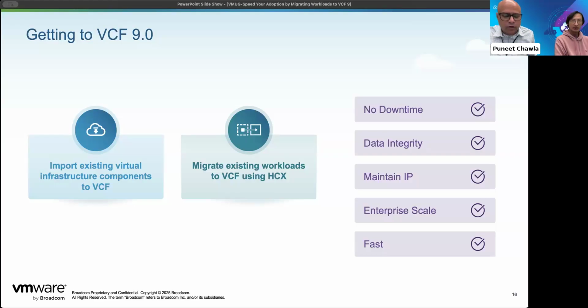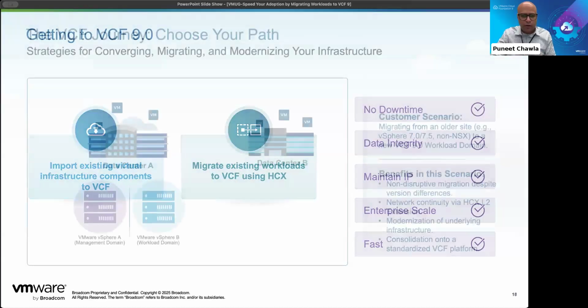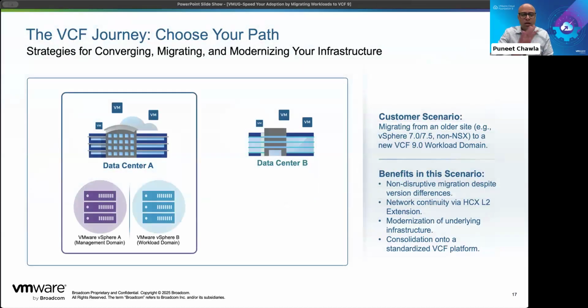Perfect. That sounds great. So we're going to switch gears now a little bit, as Chester mentioned. We're going to talk a little bit more about workload migration. In our scenario, we have converted data center A into VCF. That's why you see this cool box around it. But we also have data center B, which is older hardware and not supported.